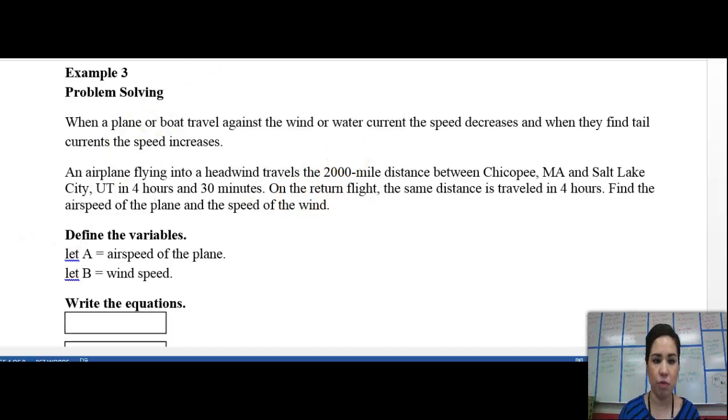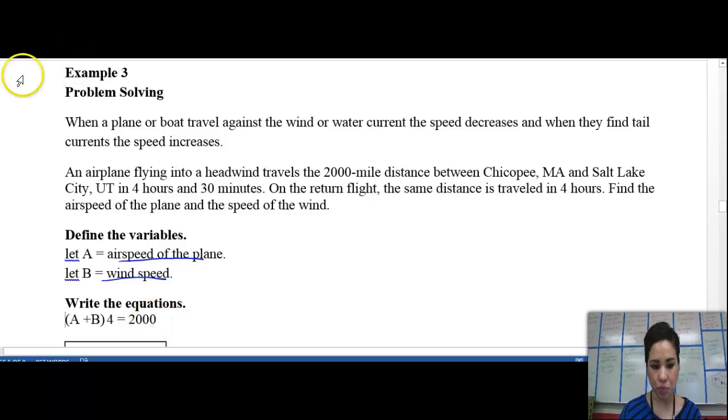So they want us to define the variables. A is going to be the speed of the airplane. B is going to be the speed of the wind. So we're going to go ahead and write our equations. Now, since the wind is making it become slower, that's actually going to affect our equations.